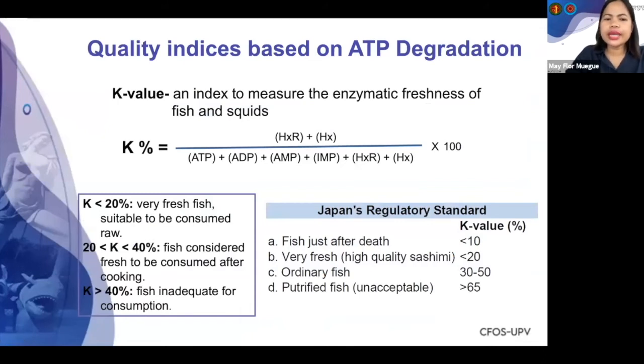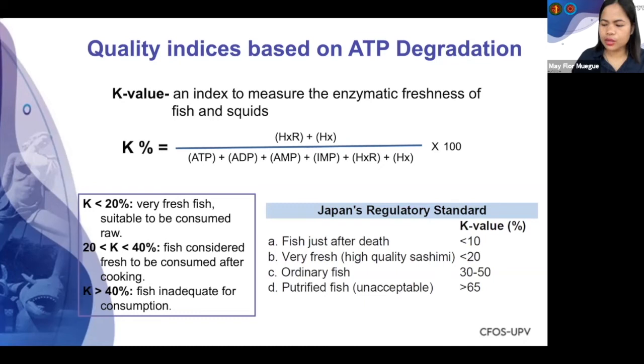So the K value is an index used to measure the enzymatic freshness of fish and squid. So ito yon, K value equals, ito yung mga degradation products over lahat sila. So the ATP, ADP, AMP, IMP, hypoxanthine, and inosine and hypoxanthine.